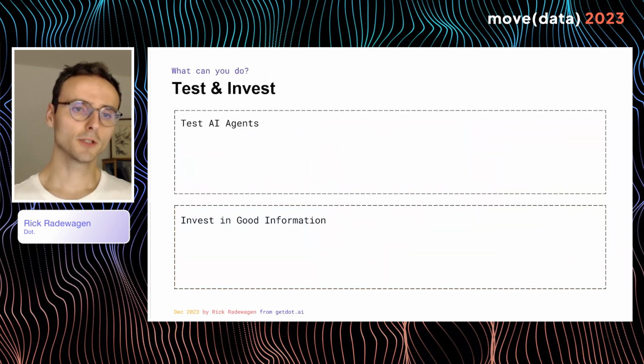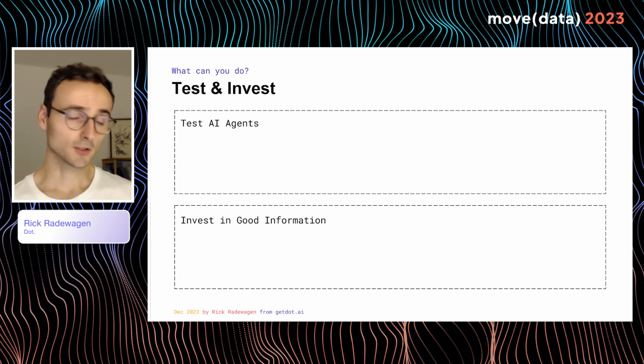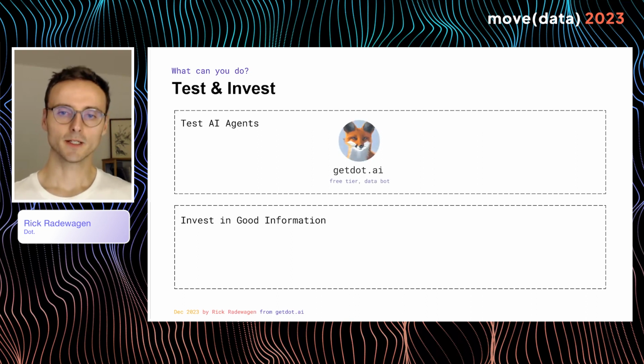So what can you do today, given the current situation? Just high level, test and invest. Test AI agents. They are already a big productivity boost, and it's also, to be honest, just interesting to learn about them and to see what they can actually do. And then the second piece is invest in good information. This is the foundation for any intelligence to make good decisions and come up with insights.